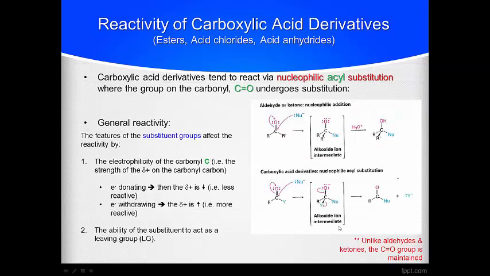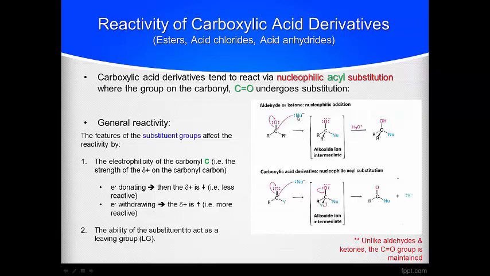Okay, so let's talk about the reactivity of carboxylic acid derivatives. So the ones we're talking about are esters, acid chlorides, and acid anhydrides. So let's start with nucleophilic addition. So a refresher. So we've talked about aldehydes and ketones and nucleophilic addition.